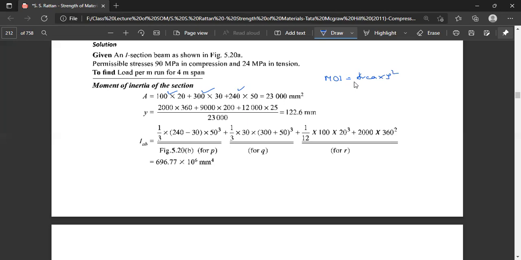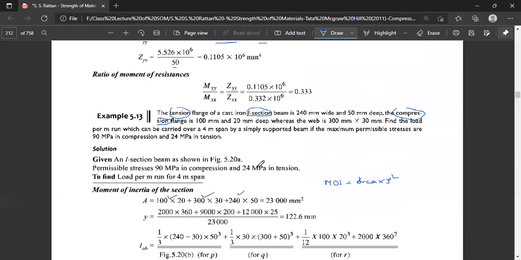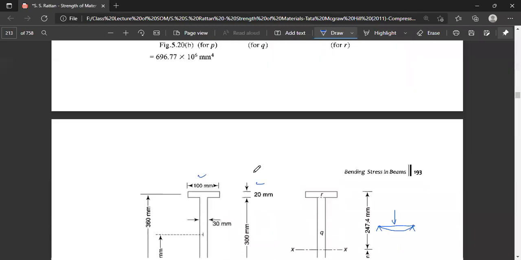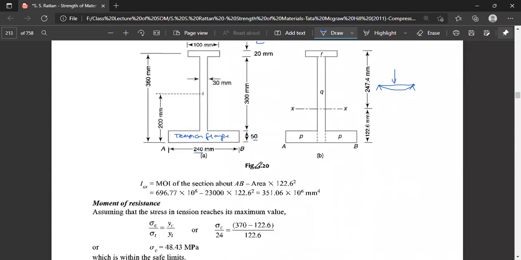The top flange area is 20 multiplied by 100, that is 2000, and its central distance from the y-axis is given as 360 millimeter.